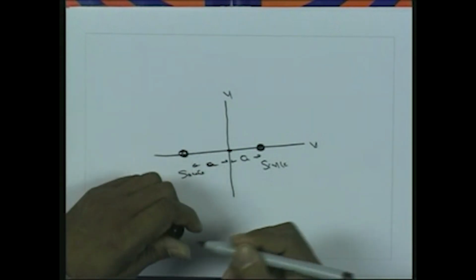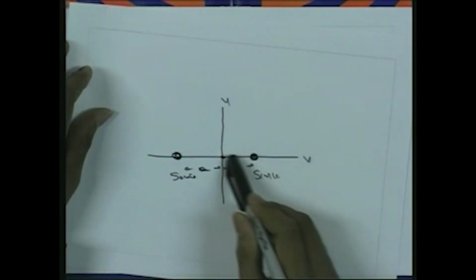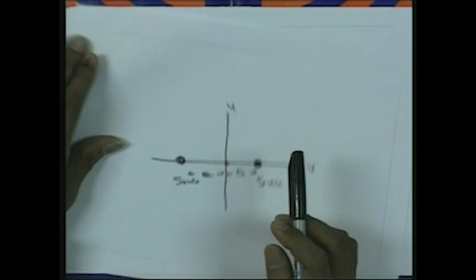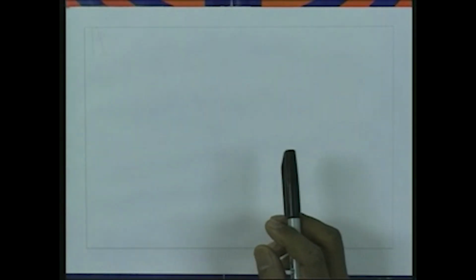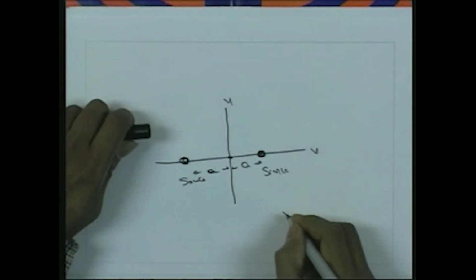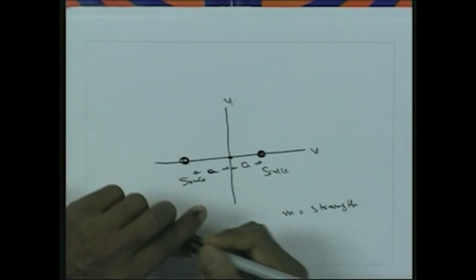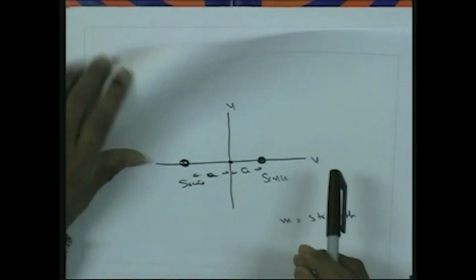When this a tends to 0, letting the source and sink approach one another, while increasing the strength m of the source or sink, so that when m tends to infinity and a tends to 0, we say that a doublet is formed.